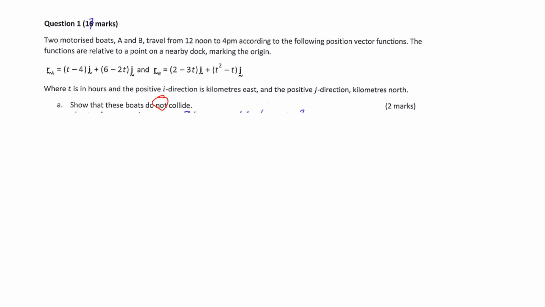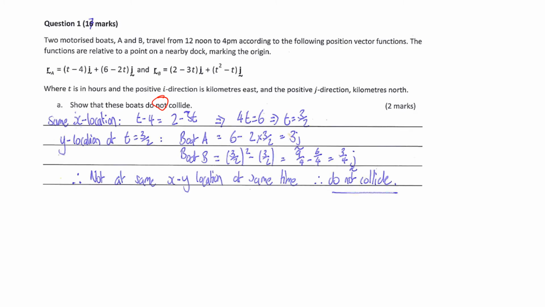Okay, if they did collide, they'd be at the same i location and j location for a common time. So, hopefully, I think most of you did this reasonably well, in fact. So let's just have a look. We start with the same x location as determined by our i. So of course, it's all about just setting the two i equations equal to one another, solving for t.